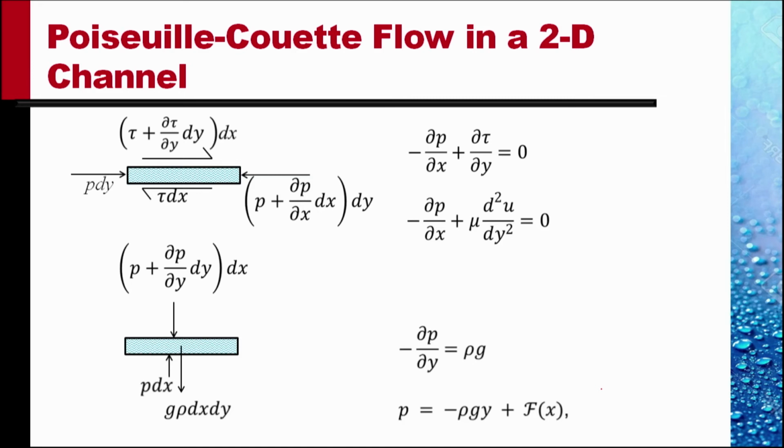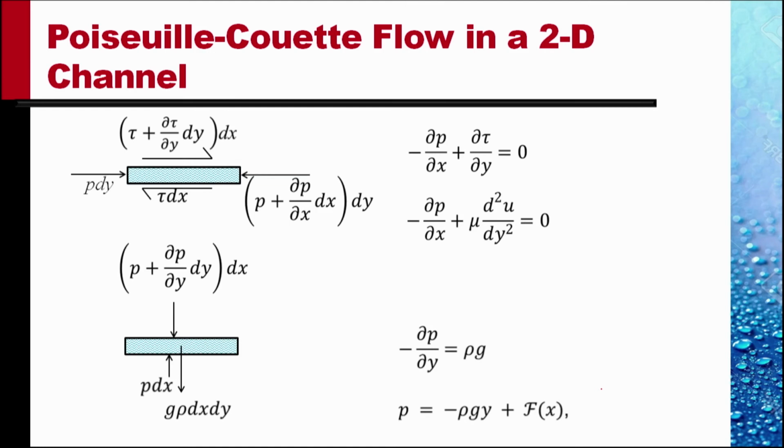If I consider the motion in y direction, or the equation in y direction, obviously there is no acceleration in the y direction, there is no motion in the y direction. The forces in the y direction are P dx on the lower face, P plus del P by del y dy into dx on the upper face, and the weight of the element, g times rho dx dy.